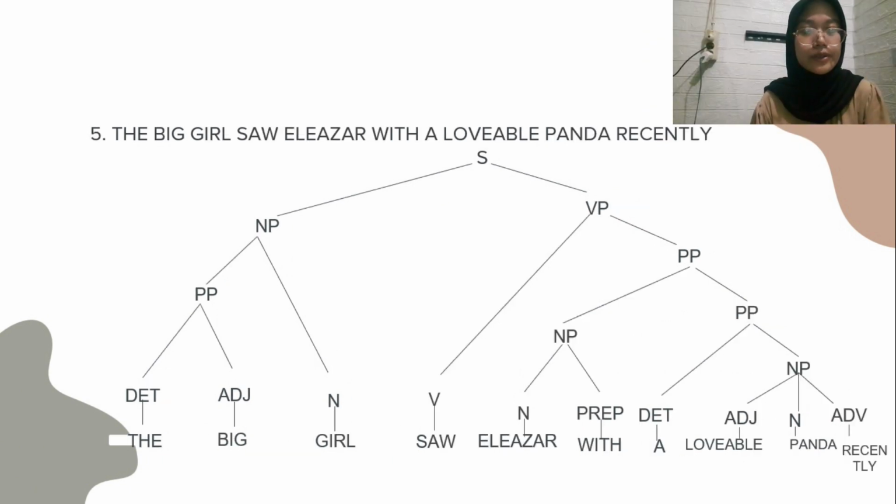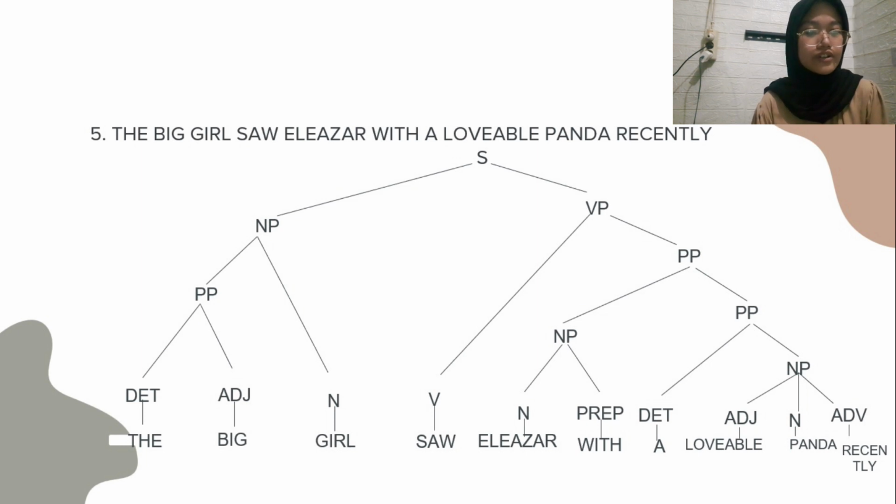Number 5. The big girl saw Eliza with a lovable panda recently. So the sentence is divided into two: noun phrase and verb phrase. The noun phrase is divided into two: the as determiner, big as adjective, and girl as noun.